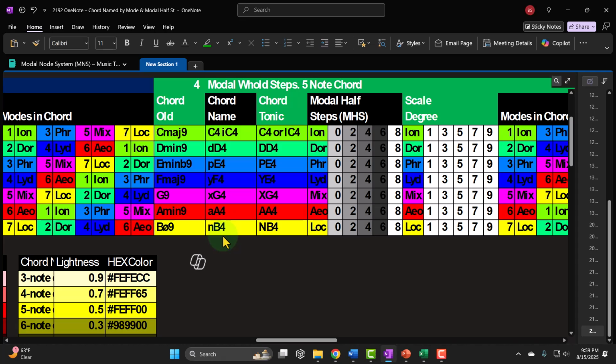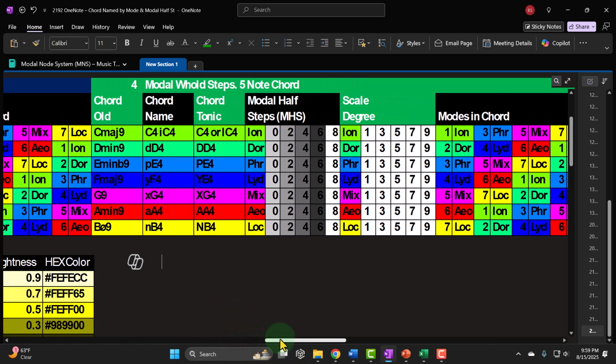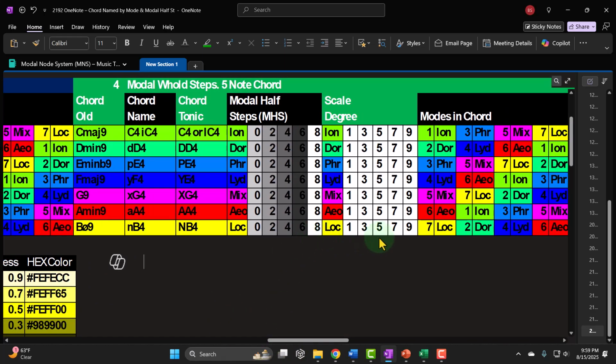B4 chord, 4 modal whole steps, or just a Locrian 4 modal whole steps, or a 5-note Locrian. The 4 represents 4 modal whole steps up from the node of the Locrian. 4 times 2 would be 8 modal half steps, plus 1 would give us the 9th scale degree, which would be equivalent to the 2nd from a local scale degree standpoint.